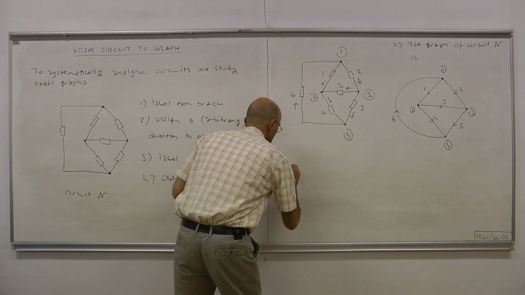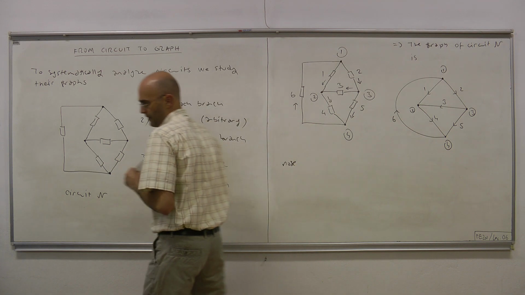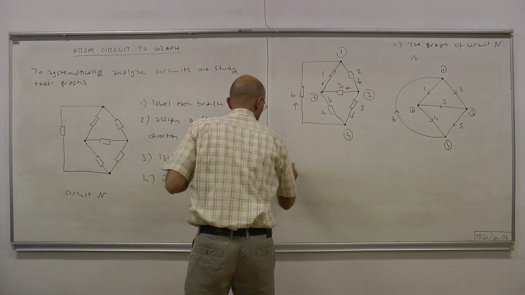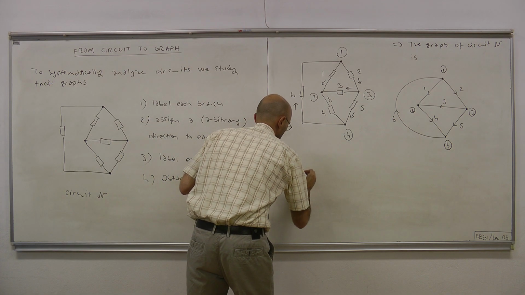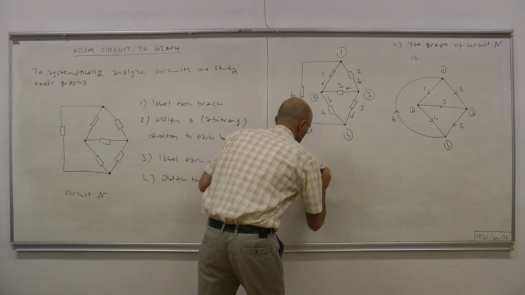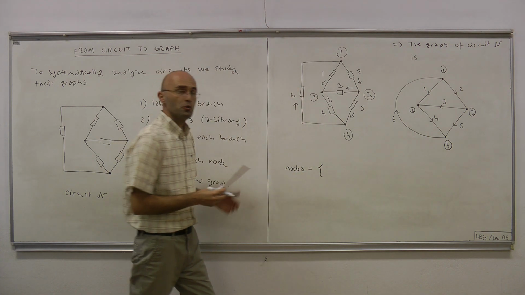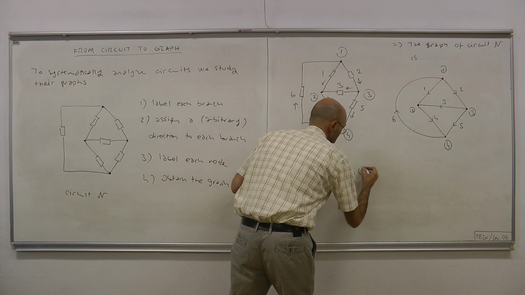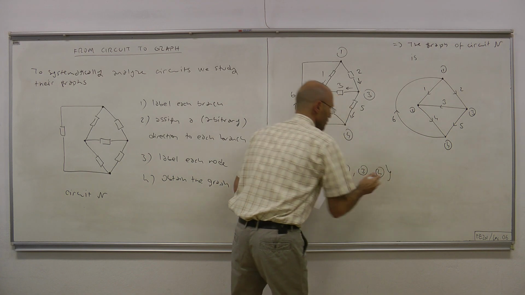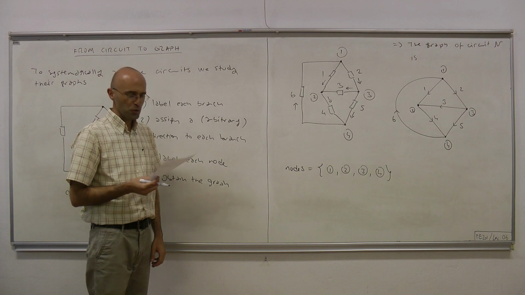That graph has 4 nodes, which we labeled as 1, 2, 3, 4. That's our node set.